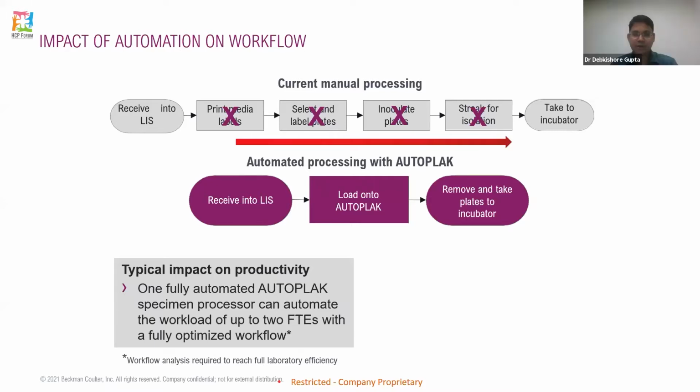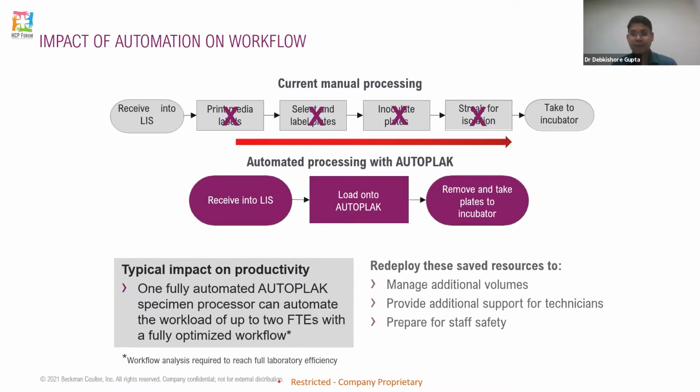One fully automated autoplaque specimen processor can automate the workload of up to 2 full-time employees with a fully optimized workflow. This is very important in this constrained situation when you have excessive sample load and reduced manpower. You can redeploy these saved resources to manage additional volumes and provide additional support for technicians, and definitely this is useful for staff safety.